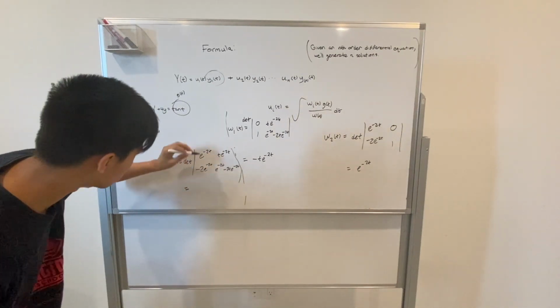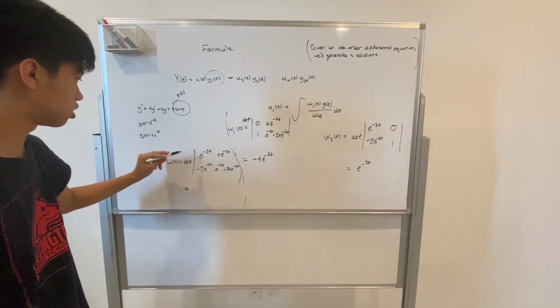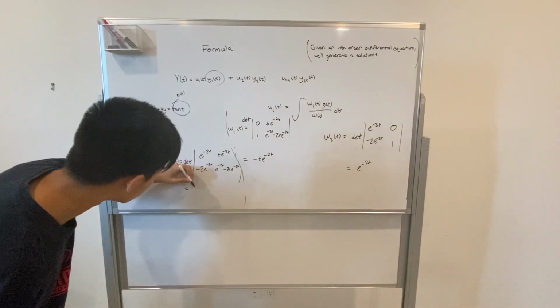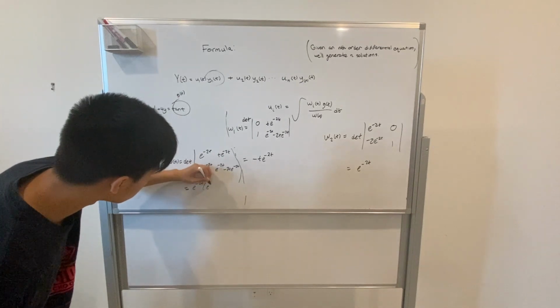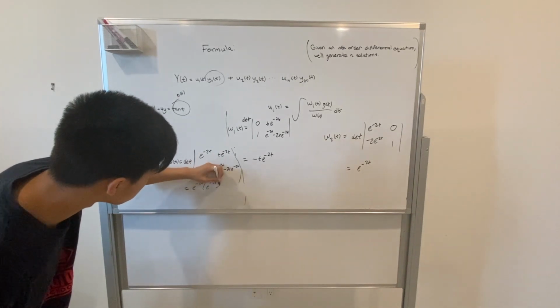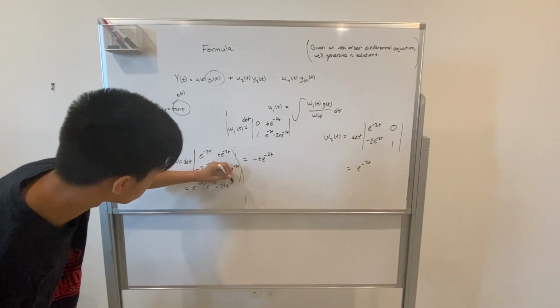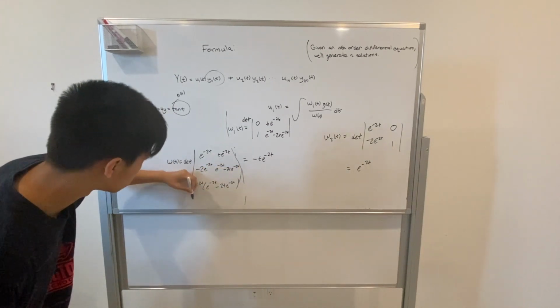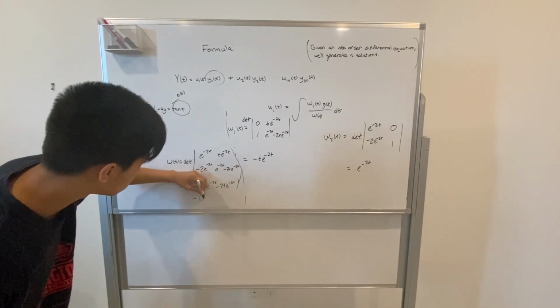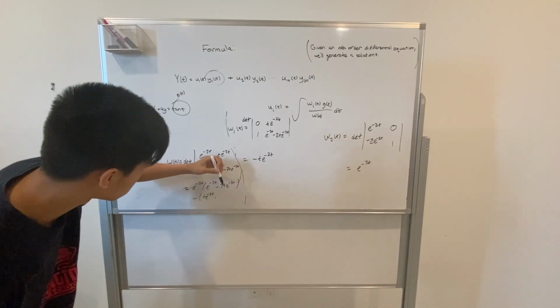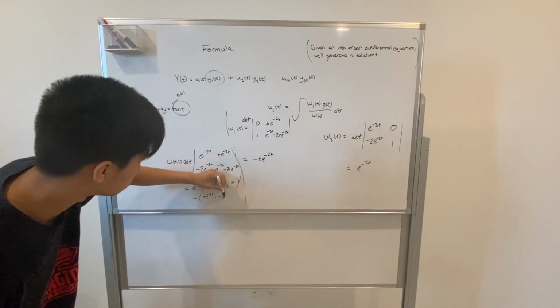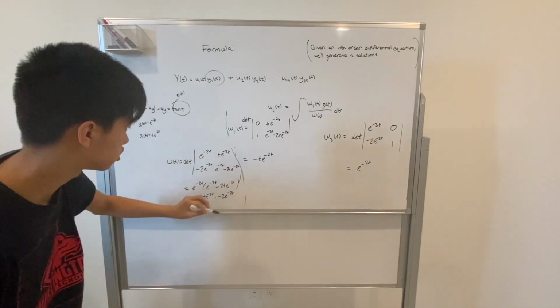So W of t equals the determinant, so that's equal to e to the negative 2t times e to the negative 2t minus 2t e to the negative 2t minus t e to the negative 2t times negative 2e to the negative 2t.